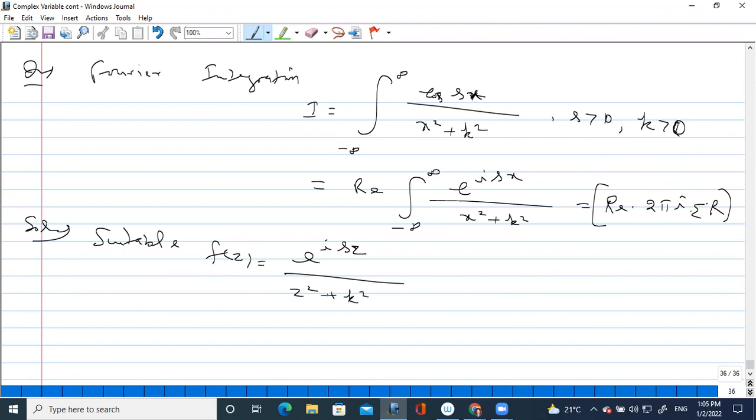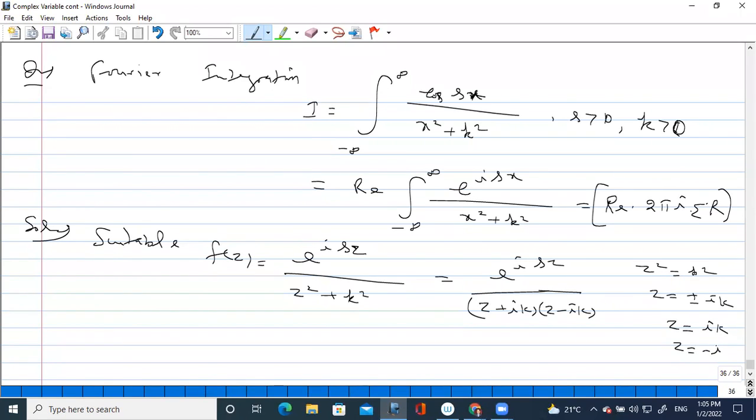This z squared plus k squared I can convert in terms of poles, because when you put z squared equals minus k squared, z will be plus minus ik. So the denominator becomes z plus ik into z minus ik, and two poles are there: z equals ik and z equals minus ik.